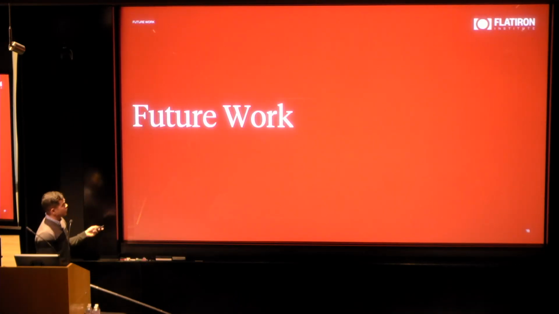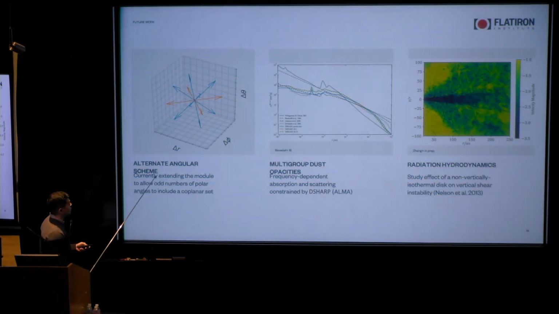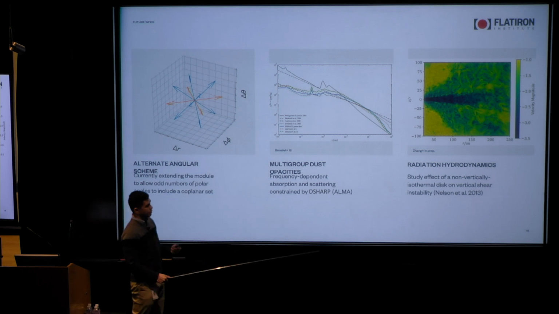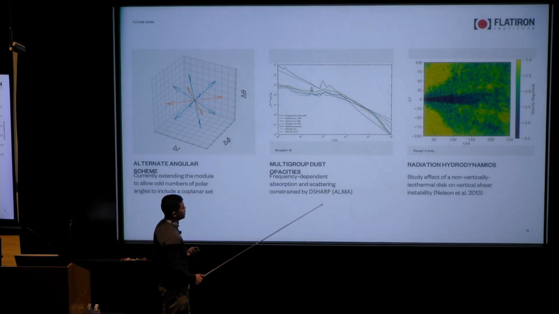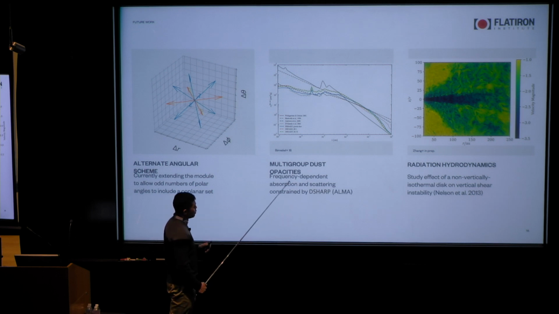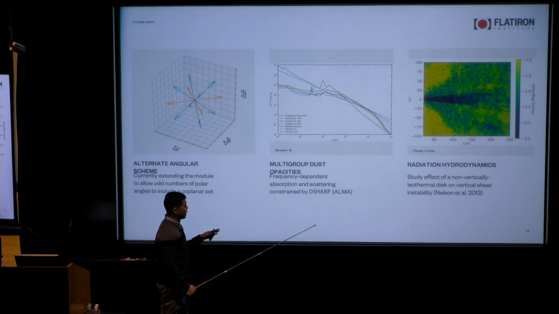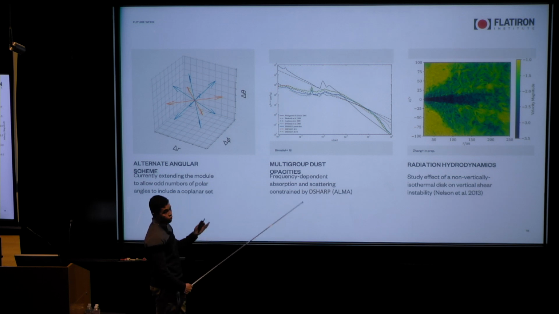So as far as future work goes, I am currently extending this module to allow an odd number of polar angles, which would include a coplanar set in that radial direction, which should hopefully give better results against, for example, the radiative Monte Carlo solutions. And then once satisfied there, we will introduce frequency-dependent absorption and scattering tables of the dust, as constrained by recent observations of protoplanetary disks.